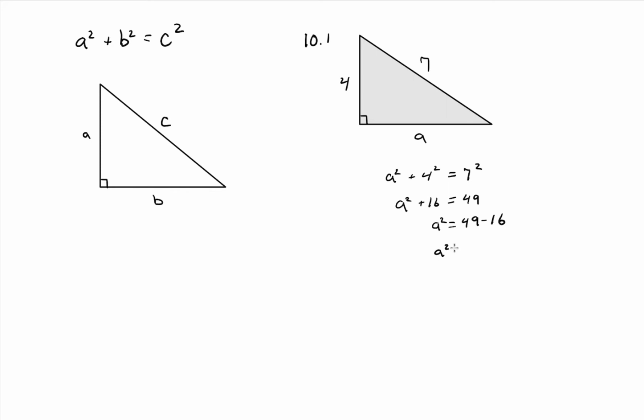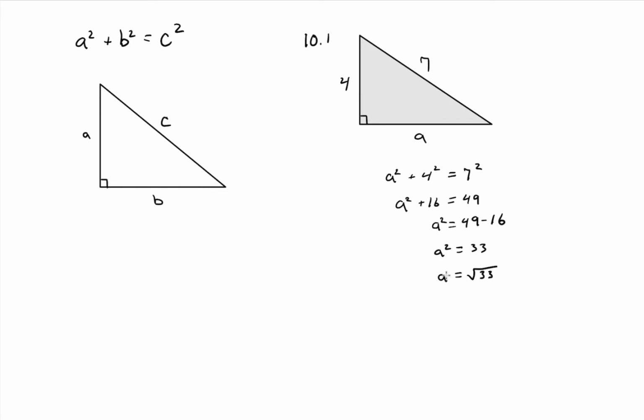So A squared equals 33, which means that A is equal to the square root of 33. Solved. You don't always have to get a whole number to get the right answer. This is what A is. It is the square root of 33.